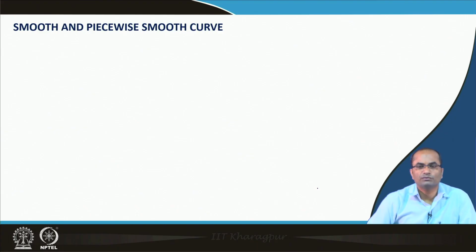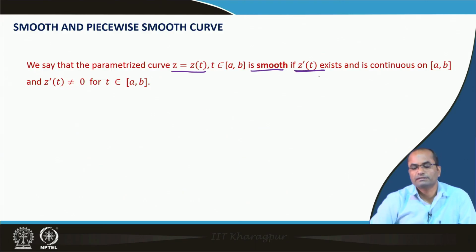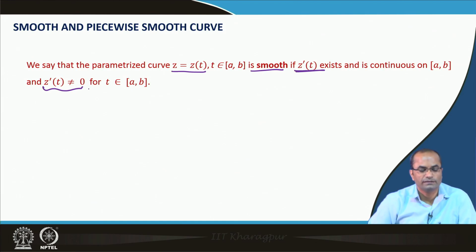Smooth and piecewise smooth curves, we had enough discussion there. Just to remind you, a parameterized curve z = z(t) is smooth when z'(t) exists and is continuous, and there was one more condition which we elaborated there, that this derivative should not be equal to 0 for any t.